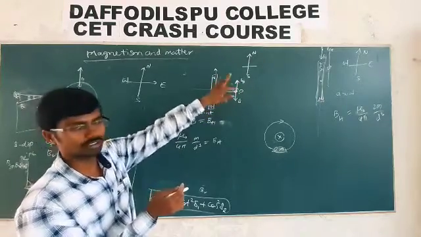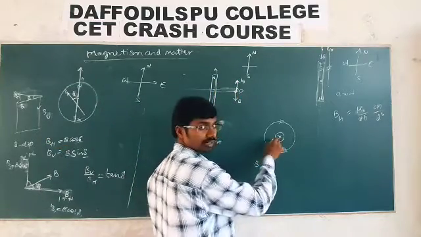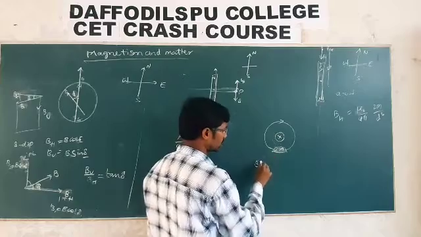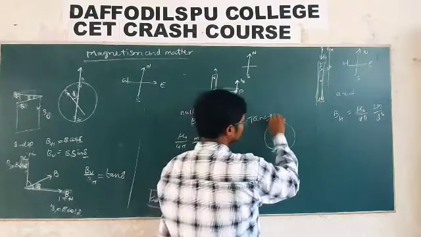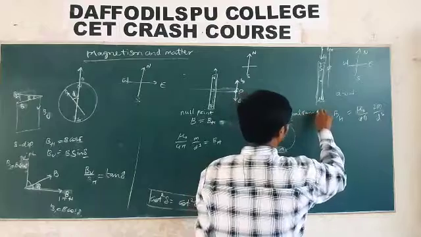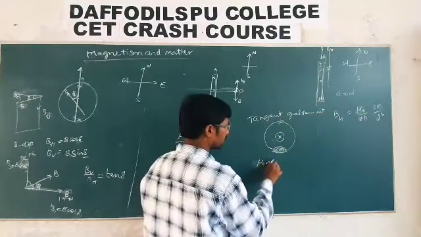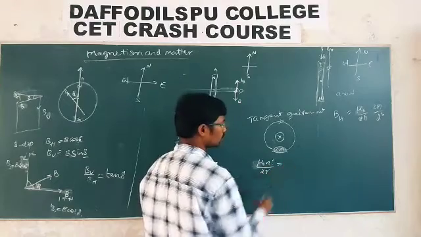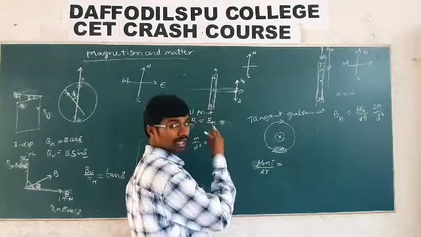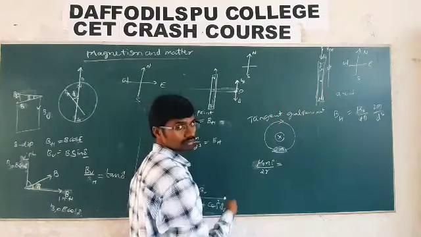North pole facing north pole. Then the magnetic field due to this tangent galvanometer is B equal to mu naught N i by 2R, equal to mu naught by 4 pi on the equatorial line.